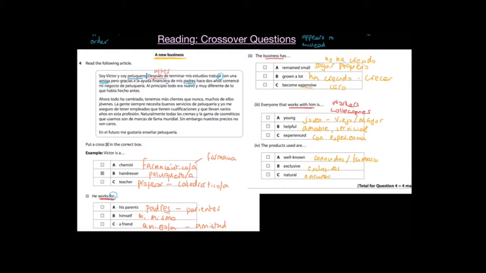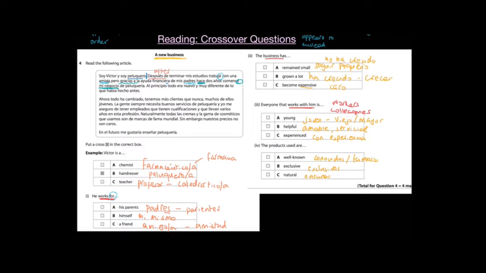But, gracias a la ayuda financiera, remember this expression, gracias a, thanks to. Thanks to the financial help of my parents. Hace 2 años, 2 years ago, remember this word, hace, ago, comencé, I started, mi negocio, my business, de peluquería, of hairdressing.